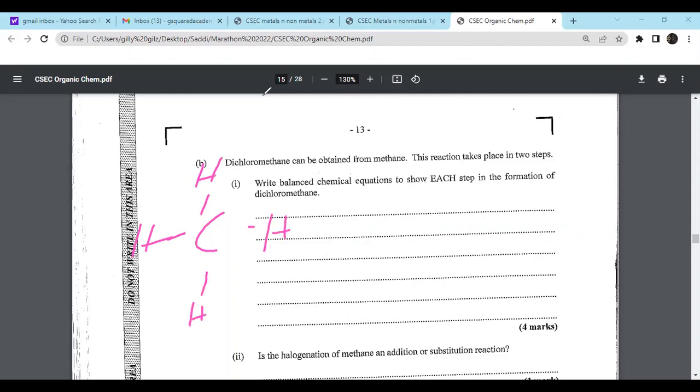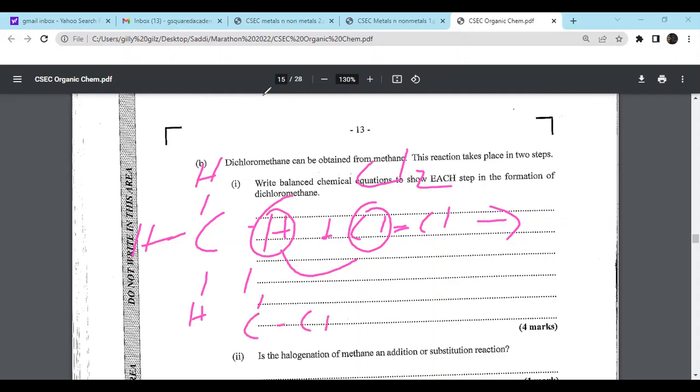So I'm going to add to that chlorine plus Cl2. This is Cl2, but I've split it like that. And what happens is that this chlorine is going to replace one of the hydrogens. So let's say it replaces that. What we end up with down here now is CH3Cl, right? Plus HCl, because the hydrogen is going to then combine with that chlorine. So you get HCl, right?